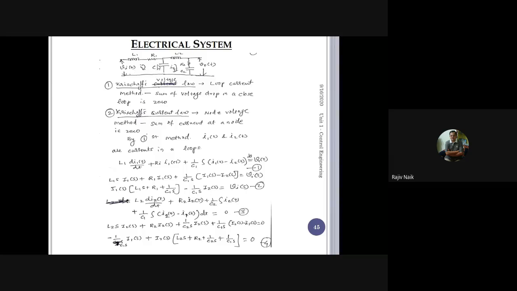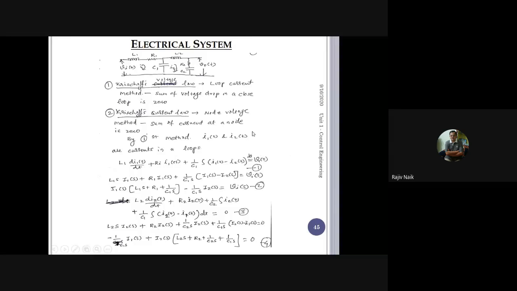So in the first method, we write the voltage drop equations, which we are more familiar with. Here we have to write the current equations. Here you write the voltage equations, Kirchhoff's voltage law or loop current method. Here you write Kirchhoff's current law, that is, the node voltage method. Here you write the current equations, here the voltage equations. That's why it is called the voltage law, and this is called the current law.